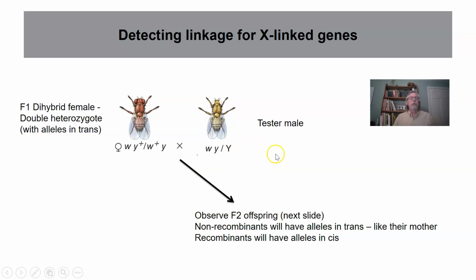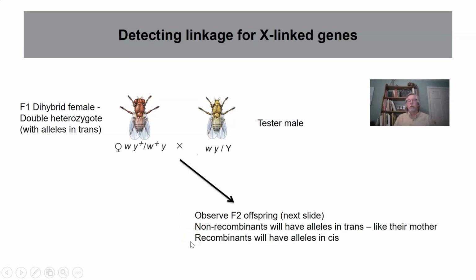And what we would expect to see in a dihybrid test cross would be two non-recombinant phenotypes. And the non-recombinants should have alleles in trans, just like in the mother in this cross, and in the parent in the previous cross. Okay? Those would be the non-recombinants, or the parentals. We would also expect to see two classes of recombinants.